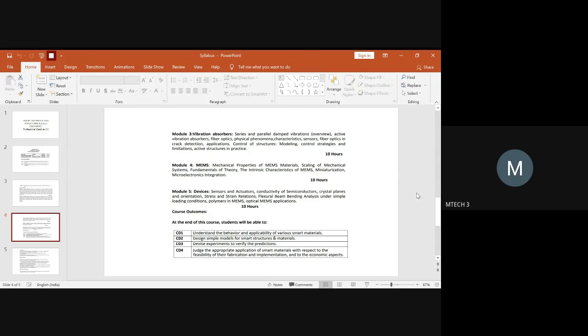Now let us start with a case study which is pending from my end related to module 5. We have discussed the case study related to all the modules, right? One more is pending, which is related to our optical MEMS. I will share now, 2 minutes.